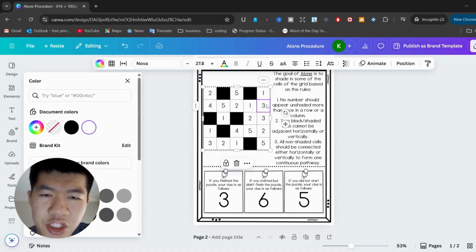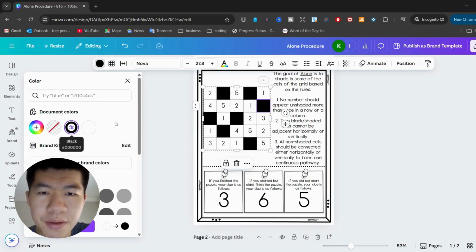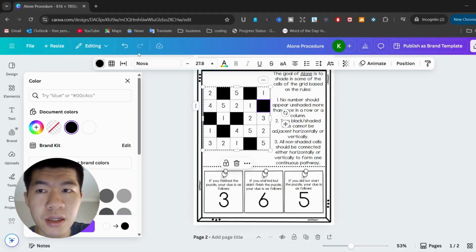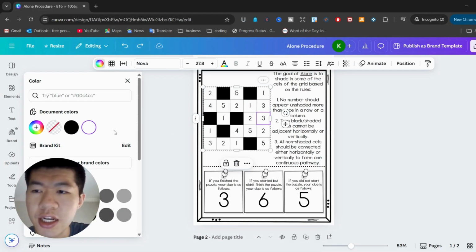Well, I can't shade in this one, because if I do, it doesn't form a continuous path with the rest of the unshaded cells, which is part of rule number 3: all non-shaded cells should be connected in some way. So I can't shade in this 3. Logically now, this cell has to be shaded in.